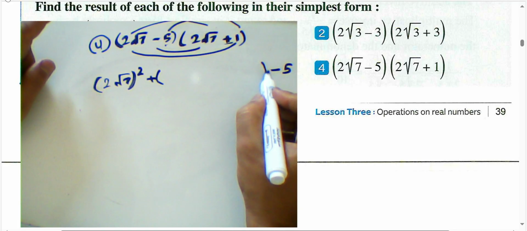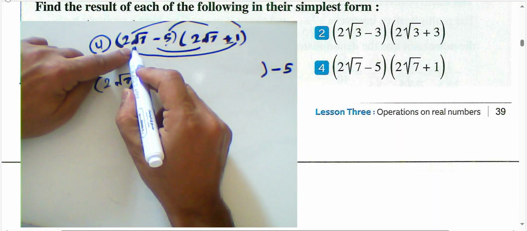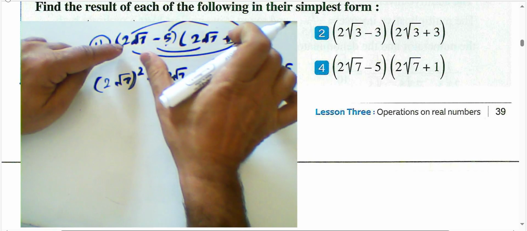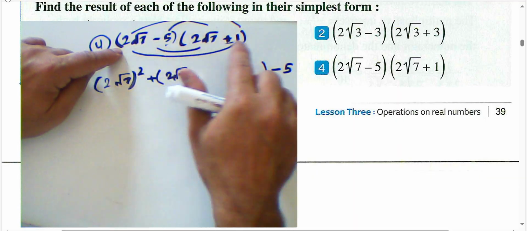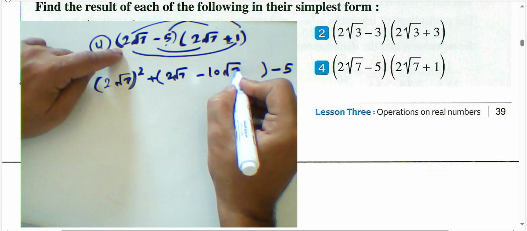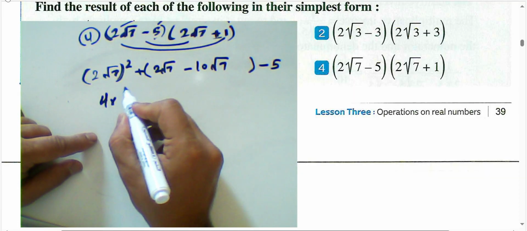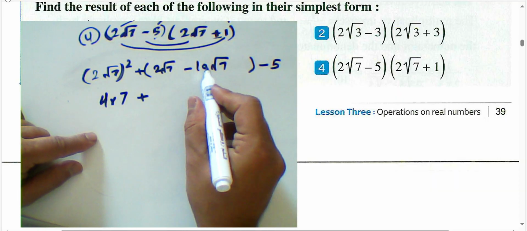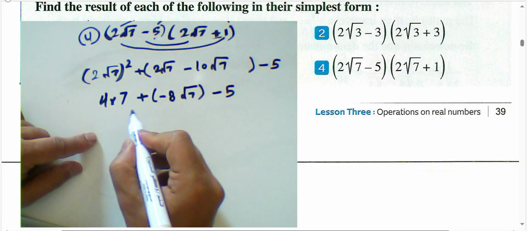And then plus, in brackets, write first this number times 1: 2 root 7 times 1 is 2 root 7. Meaning, children, we multiply the extremes with each other and here the means, and then we simplify. Here 2 root 7 times 1 is 2 root 7, negative 5 times 2 root 7 will be negative 10 root 7. 2 to the power 2 equals 4, so here the solution is 4 times root 7 to the power 2, which is 7, equals 28. 2 minus 10 will be negative 8, then the result will be negative 8 root 7 minus 5.